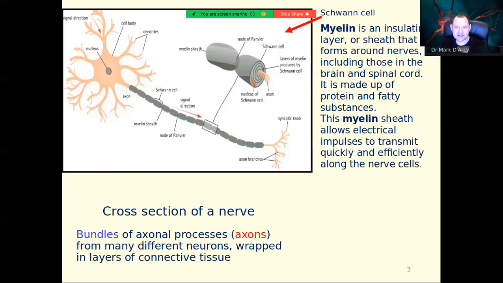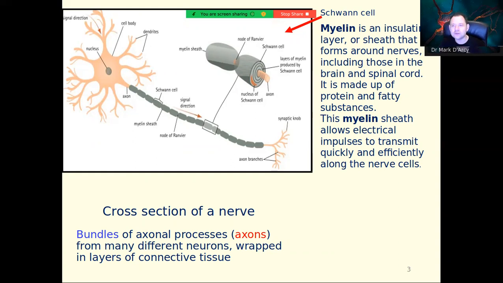So as we can see, there's a Schwann cell around an axon. Now, myelin is an insulating layer or sheath that forms around nerves, including those in the brain and spinal cord. It's made up of protein and fatty substances. This myelin sheath allows electrical impulses to transmit quickly and efficiently along the nerve cells.